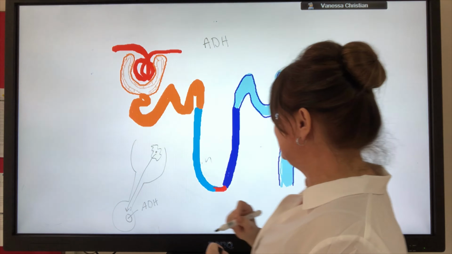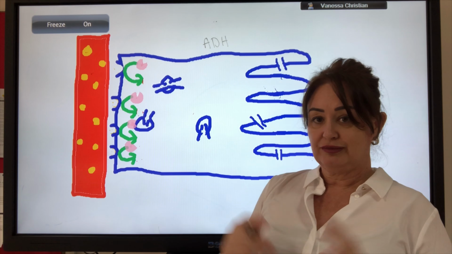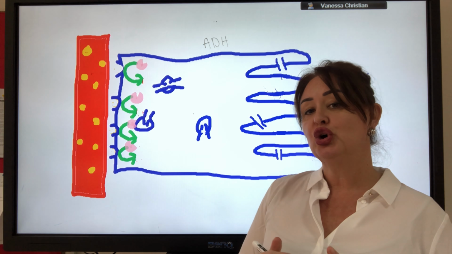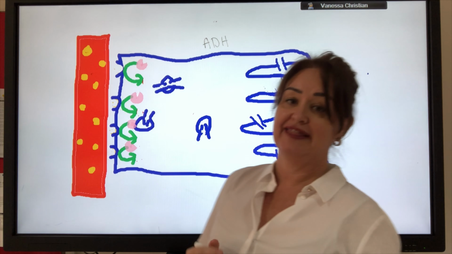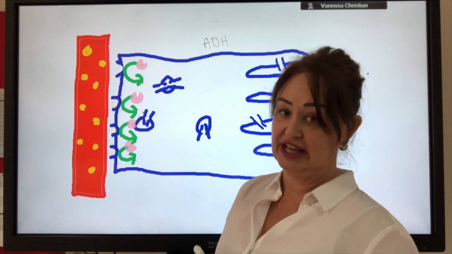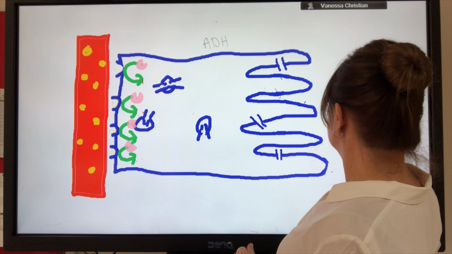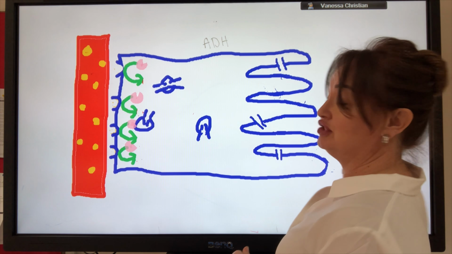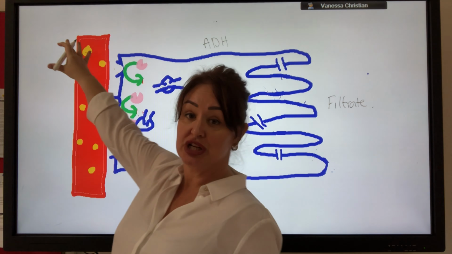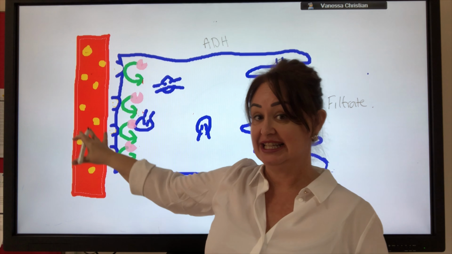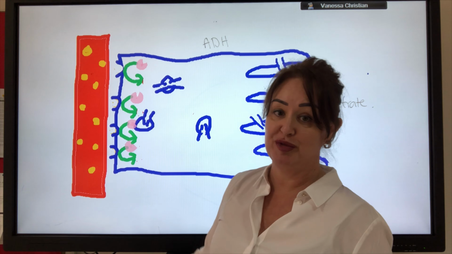The effect that it has is, so let's imagine we're looking at one of those cells that lines the distal convoluted tubule. This would be the filtrate in this region here, and this is the blood that's bringing our ADH, our antidiuretic hormone, from the pituitary.